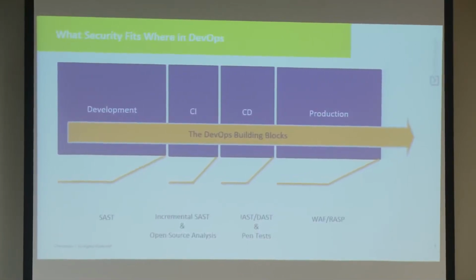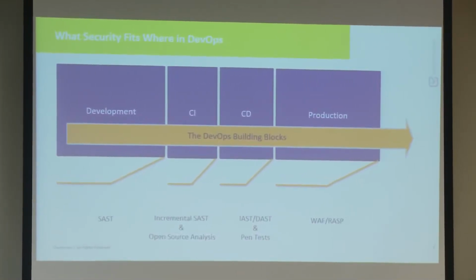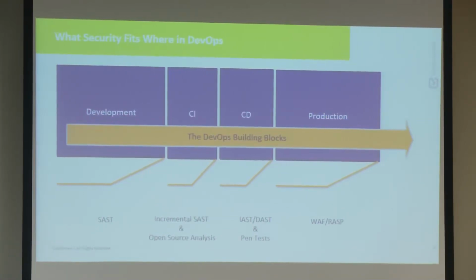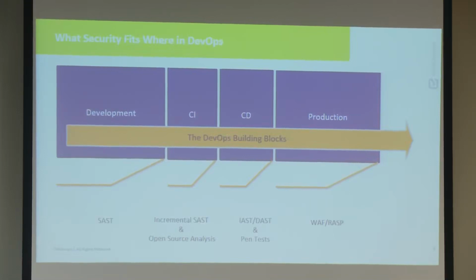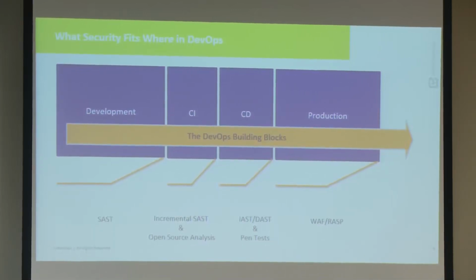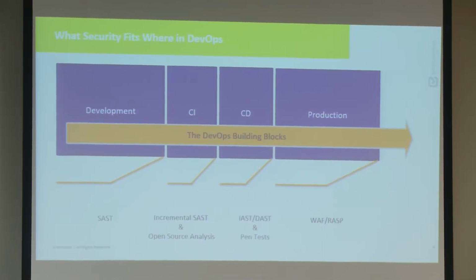Once we move into CI, and we move into automated builds, things like quick incremental SAST, or static analysis, come into play. Open source analysis comes into play. As you build, as you run your NPM, it pulls in modules.